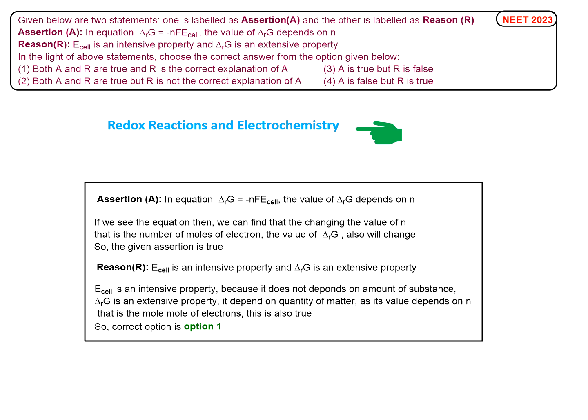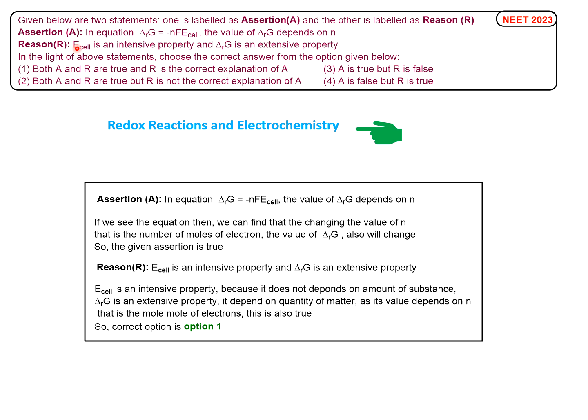Hi guys, let us discuss this question which was present in NEET 2023. The question is, given below are two statements, one is labeled as assertion and the other is labeled as reason.